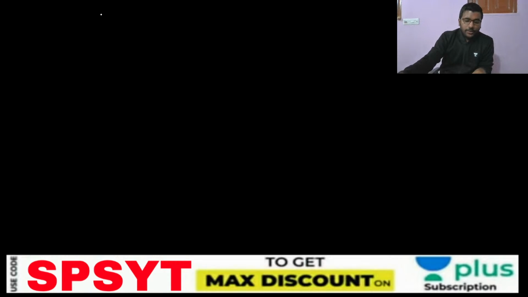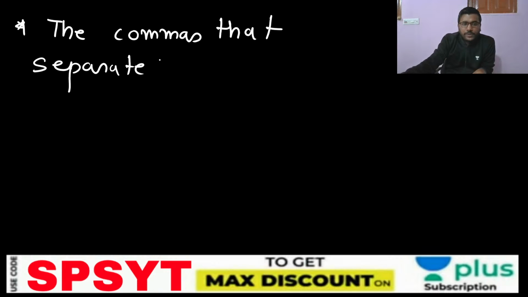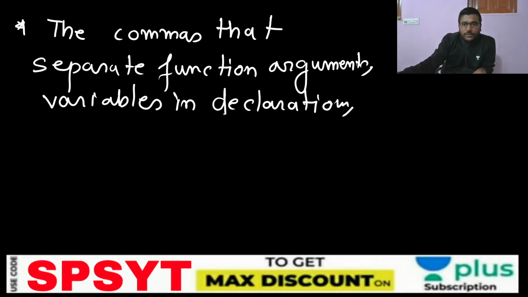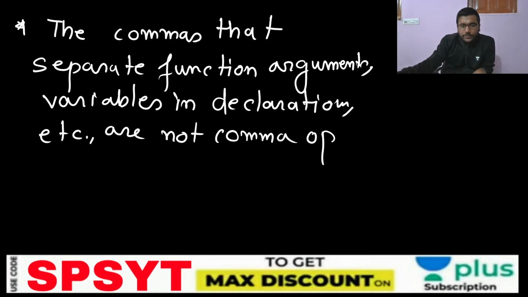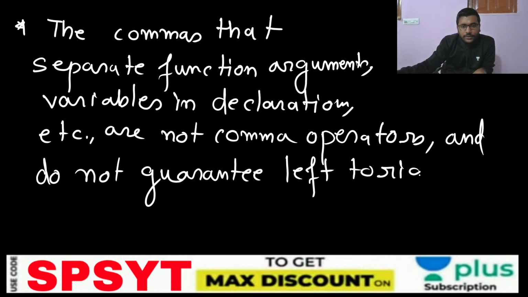So the comma that separates function arguments, variables in declarations, etc. is not a comma operator, and does not guarantee left to right evaluation.